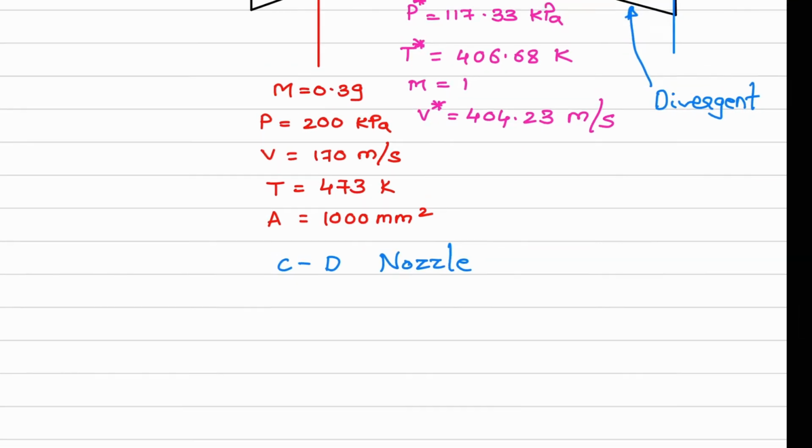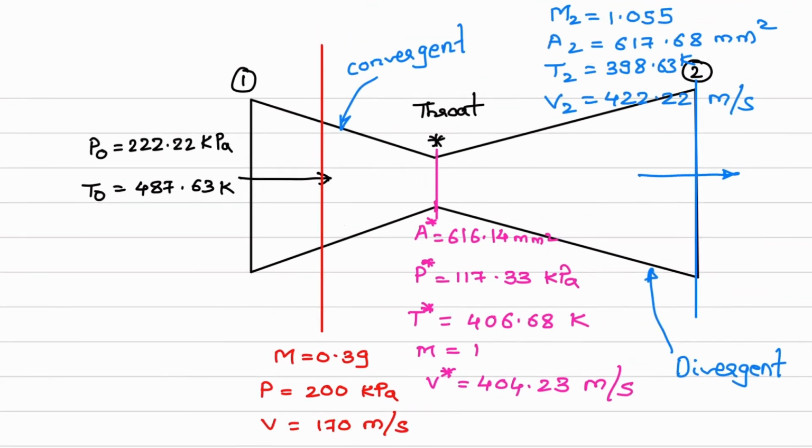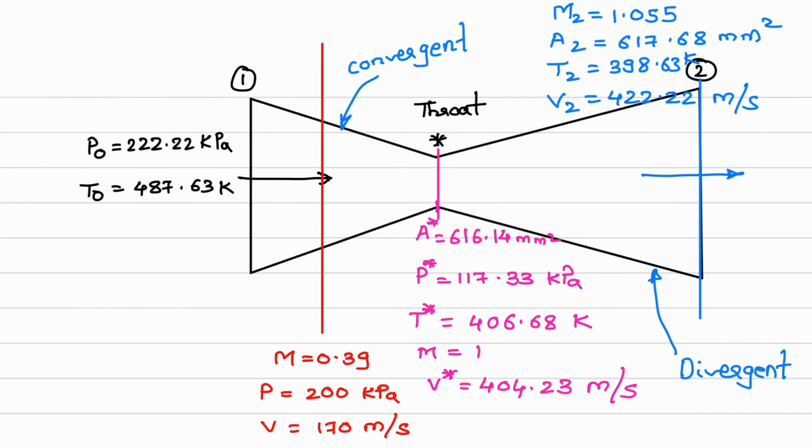Now next thing which you can see over here, observe the velocity. At some section, what was the velocity of air? 170 meter per second. Now since convergent part is acting as nozzle, at throat here you can see Mach number has reached 1 from 0.39. Now see what is the velocity of air. It has increased from 170 meter per second at this section to the throat.